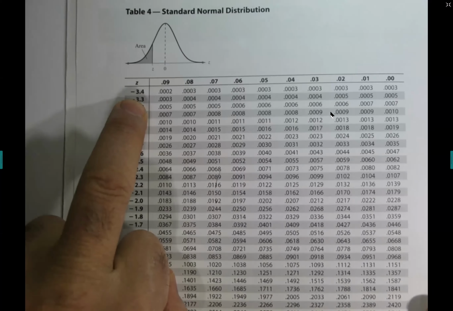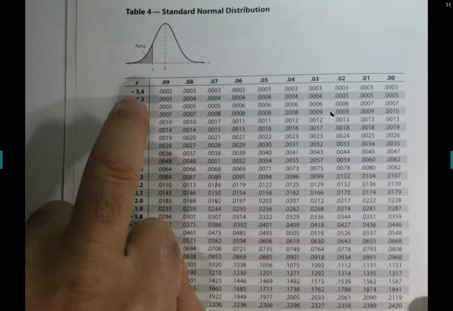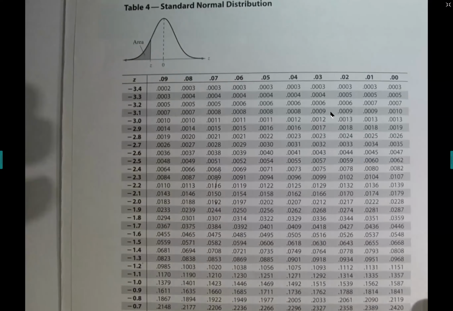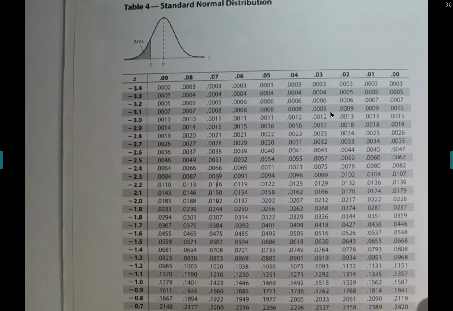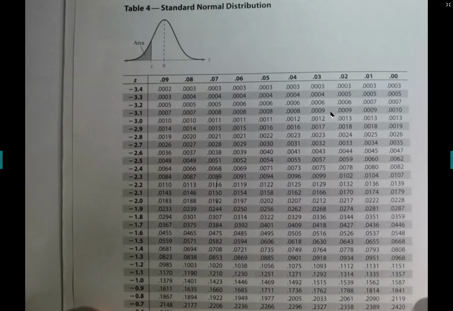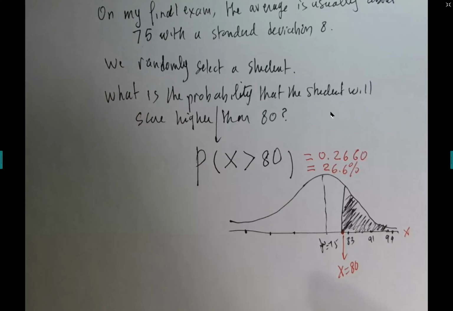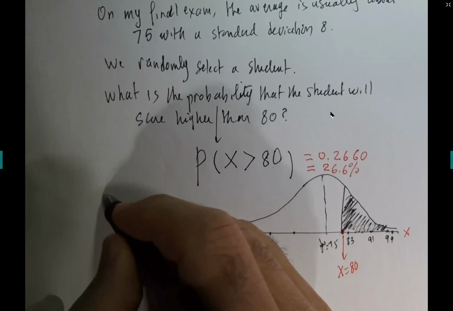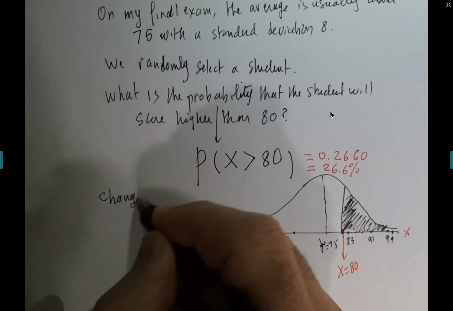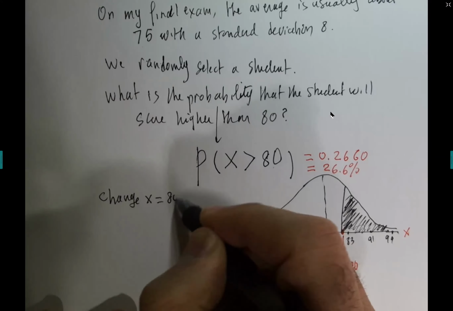You cannot go beyond negative 3.49. If you get a z-score beyond this, you just use the last one here, because over 3 is very, very unusual. That's why this table goes up to negative 3.5 only. So excellent idea. We need to change 80 to a z-score.